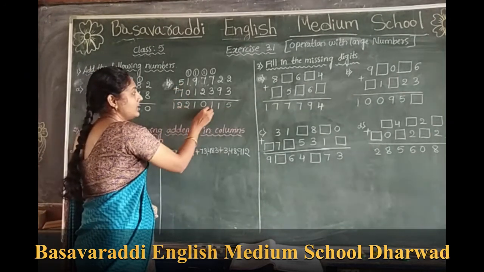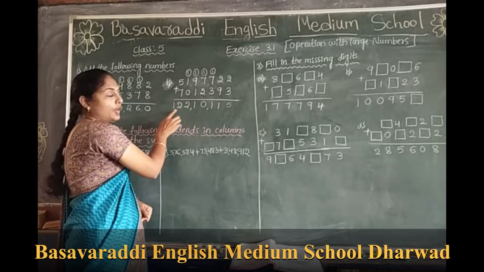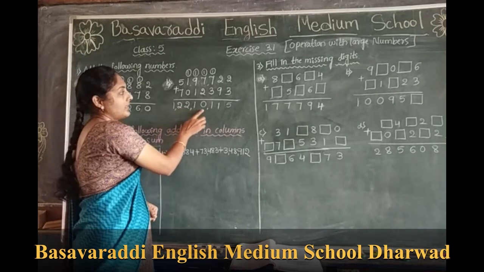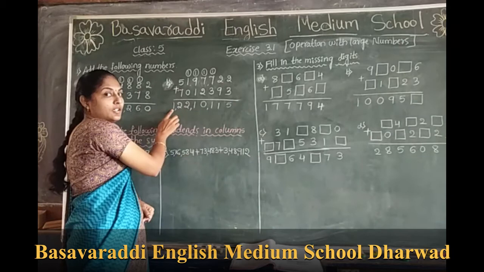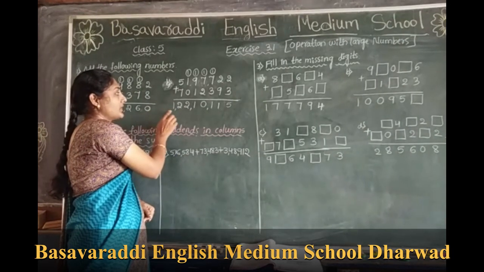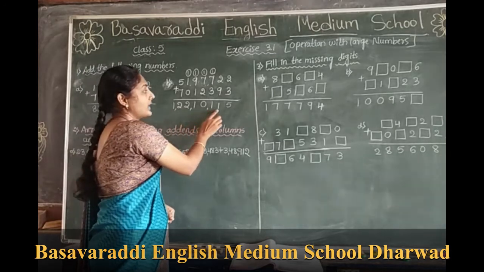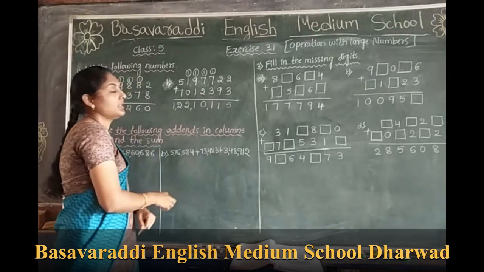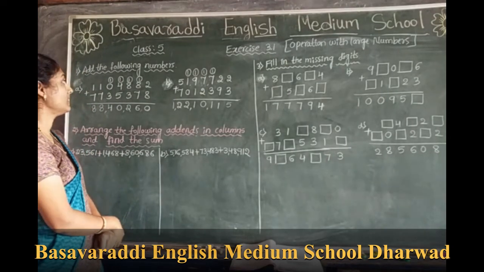Insert the commas. It means 1 crore 22 lakh 10,115. Why? Because 1 is in the crore place. So how to read the number? 1 crore 22 lakhs 10,115. This is the method of how to do the addition.